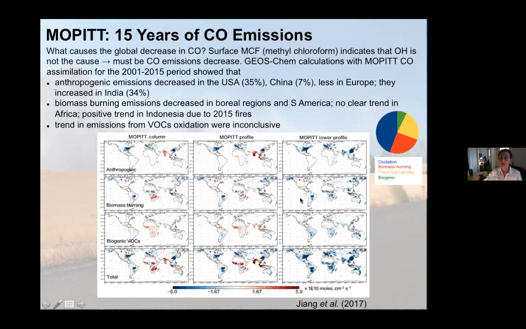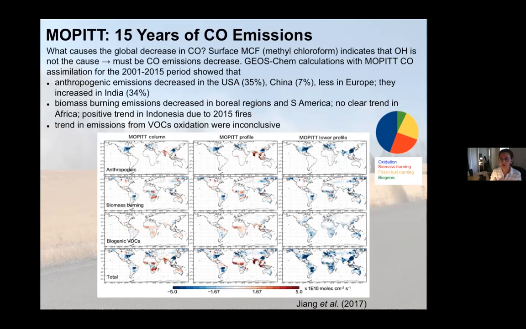So in this really nice study, Yang et al. modeled emissions using MOPITT and the GEOS-Chem model. First of all, they asked themselves, is it that CO is going down because of changes in OH?